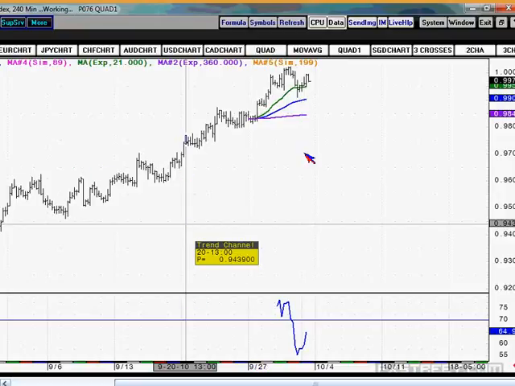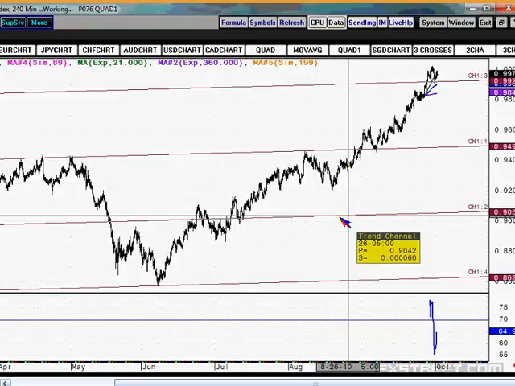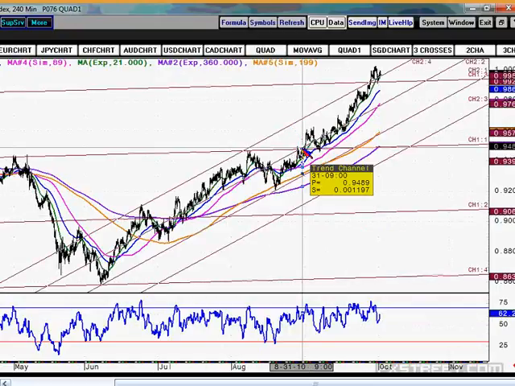What is the price target I'm expecting? In fact, the first price target more or less is already met. Let me see whether we can draw a channel.